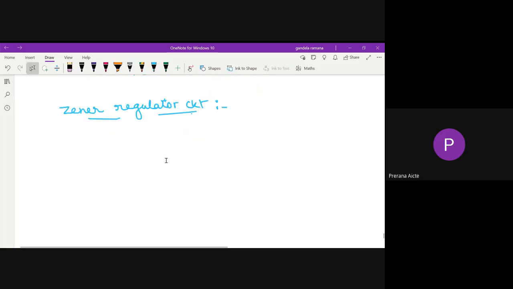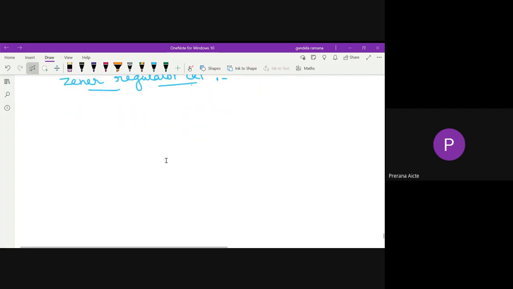So how is the Zener regulator circuit? So this is the Zener voltage.